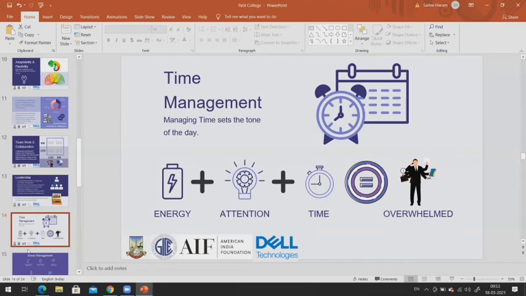Okay, time is money, and effective time management skills have a positive impact in your work life as well as in your general life. So when you learn to take control of your life, first is you get a lot of time to do different work. Then you also get time to spend with your family.